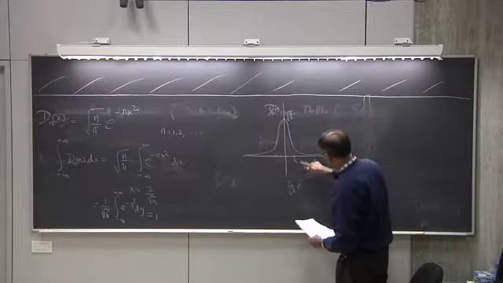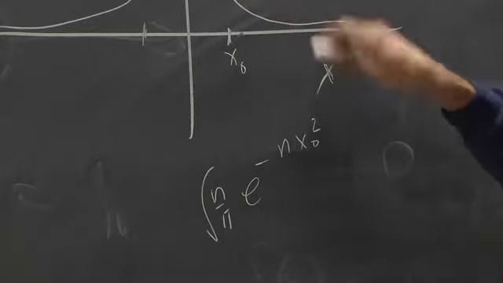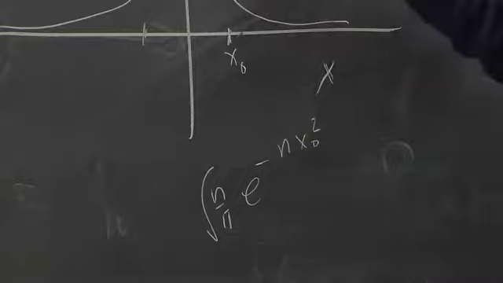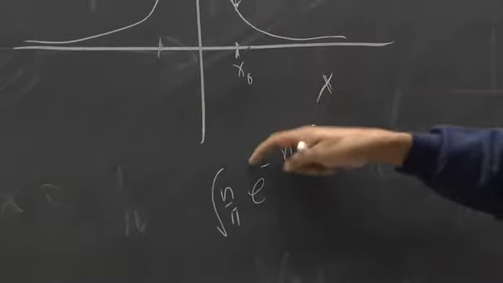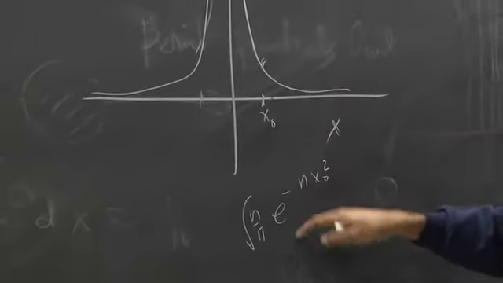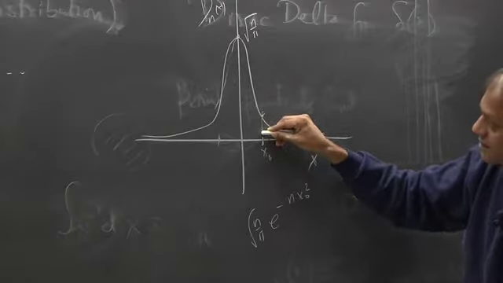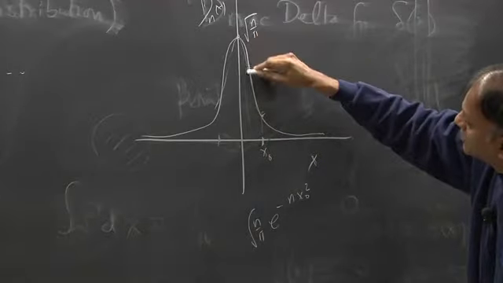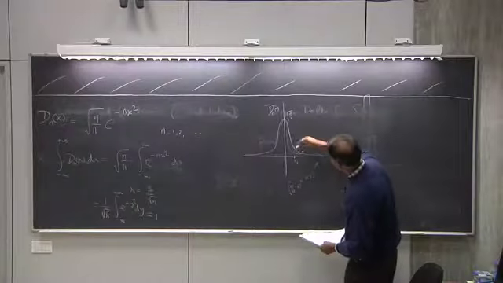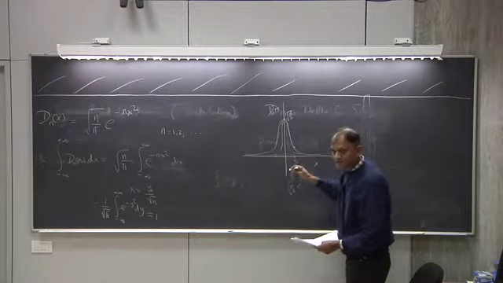Even though the prefactor increases, this dies off exponentially, so it goes much faster for large n, and the value comes down. That means this whole thing becomes more and more sharply peaked as you increase n.